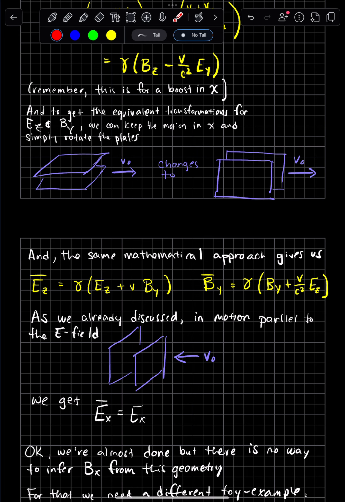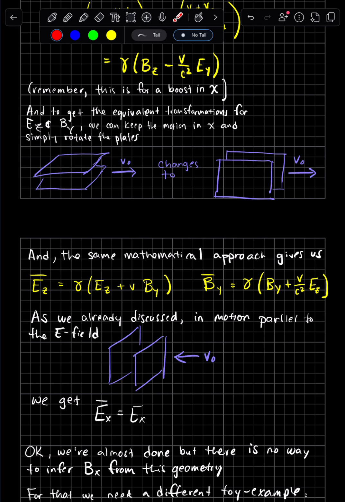So we've got the transformations of the E and B fields in the two directions that are perpendicular to the direction of motion, Z and Y. And we already earlier derived, but we can look at it again, that if we're moving in the X direction parallel to the E field, the field remains unchanged.